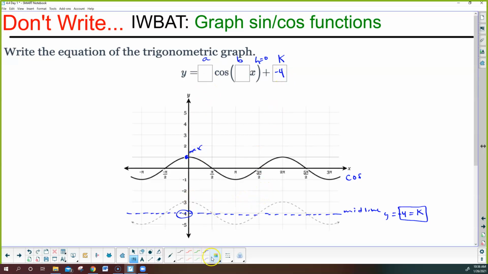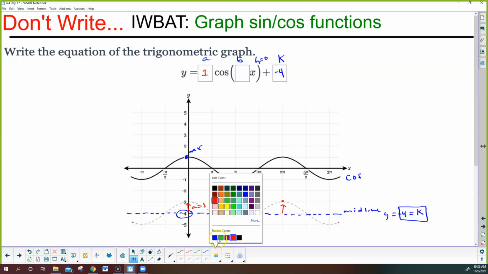The a value is pretty easy to find because that's your amplitude. So all you're doing is looking, how far up from the midline am I? Well, my max line was at -3, and from the midline, I just went up 1. So a is equal to 1, because that's the amplitude. It's how far up or down we go from the midline. Okay? So then the hard part, or the tricky part, is finding that b value.